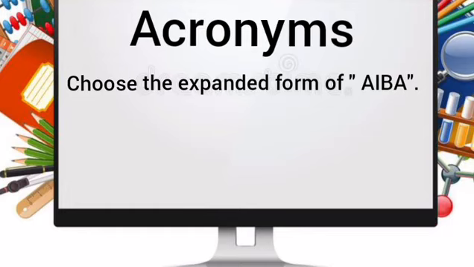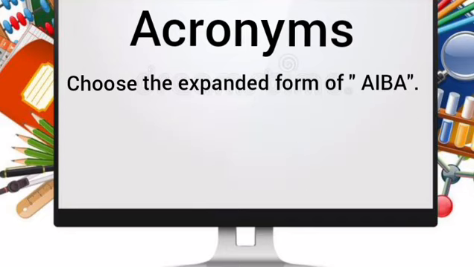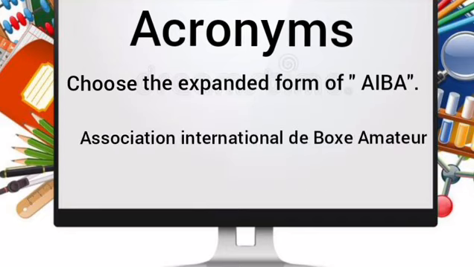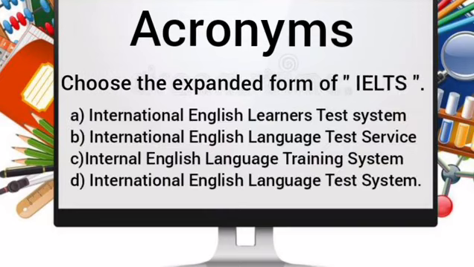Choose the expanded form of IBA. Option A, Association Internal Bureau Administration; Association Internationale de Boxe Airport; Association Internationale de Boxe Amateur; Airport International de Boxe Amateur. So for IBA, the correct answer is Association Internationale de Boxe Amateur, right? Okay. Choose the expanded form of IELTS.